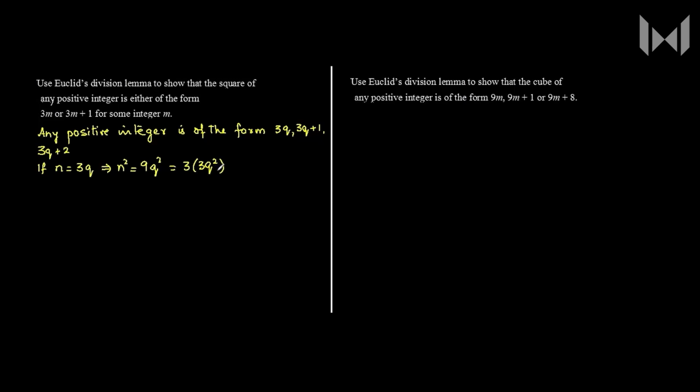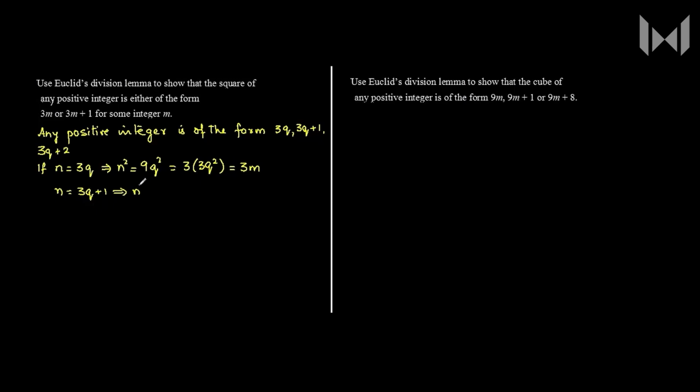Because it is 3 times something, we will write 3 times m, where m represents an integer, which is 3q squared as far as this particular question is concerned. Basically the idea is that whatever you square, it should either end up with 3m or 3m plus 1. Now we look at the second integer, which is n equal to 3q plus 1.